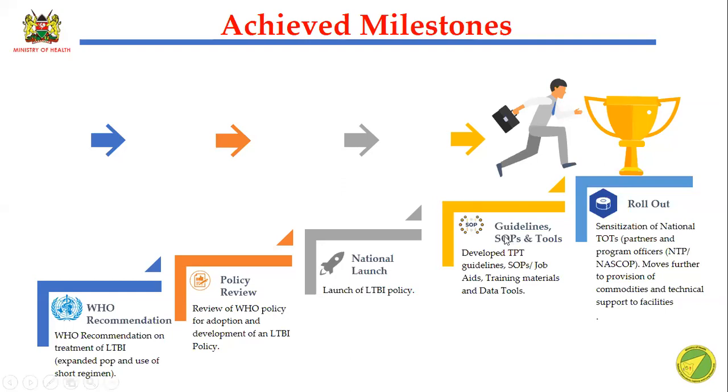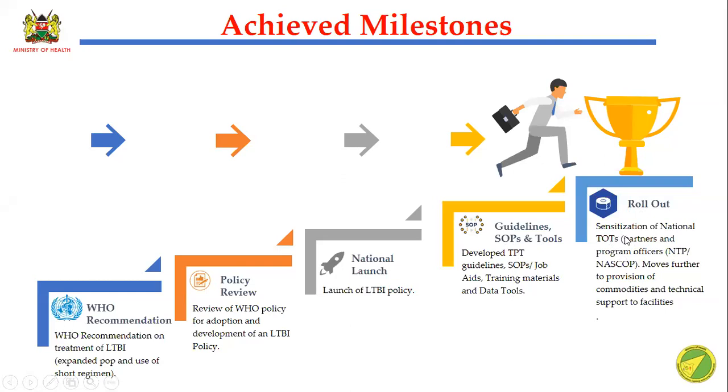After that, we went ahead to develop guidelines, healthcare workers guidelines. Very soon you'll start receiving them. I don't know which counties you work in, but we are in the process of printing, and very soon they'll be distributed. We also have SOPs. We also reviewed our data collection tools. So the data collection tools here, we have a TPT register, we have record cards and the likes. And then finally, we went to the rollout. So the rollout started with the sensitization of the national teams.